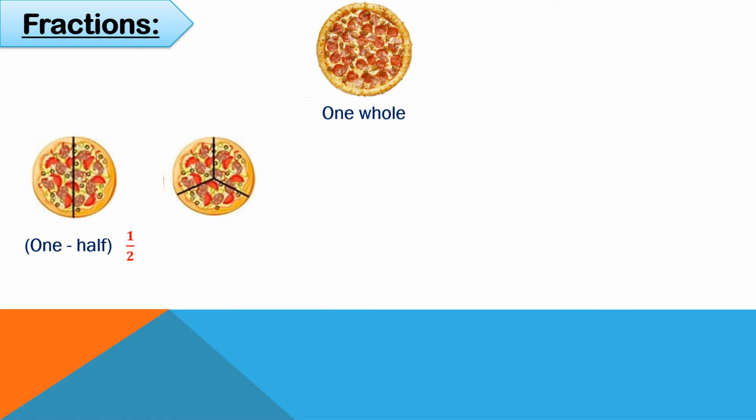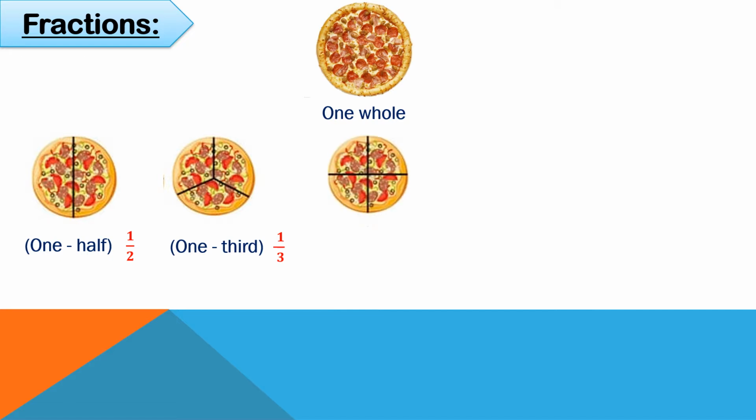The first kid will take pizza like the second and the third. All of them will take the same amount of pizza equally, okay? So it will be divided equally. They are three kids, so each one will take 1/3, and it can be written like this, 1/3.